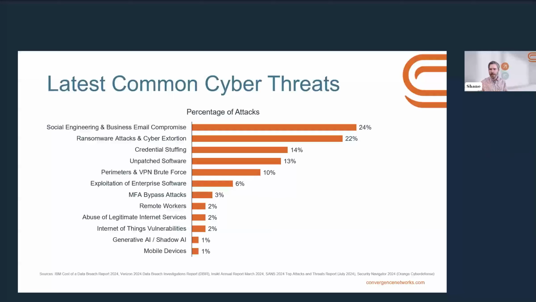So they're finding these things and acting on them very quickly. And we'll go over some of this in a little more detail in some of the upcoming case studies. The perimeter and brute forcing, again, is another big one.